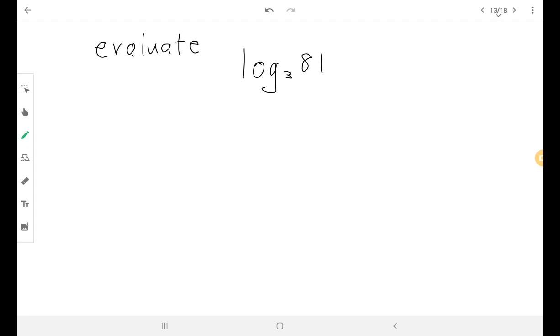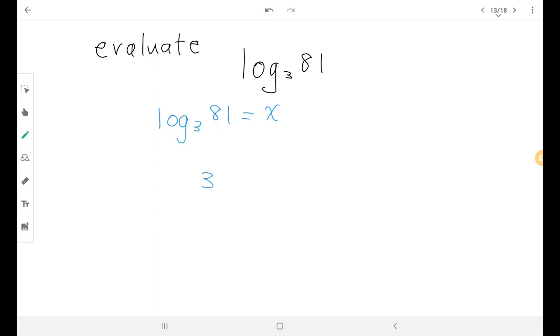Now we want to evaluate log base 3 of 81. So the way we're going to do that is we're going to say log base 3 of 81 equals some variable, let's say x. And we're going to go with the base 3.